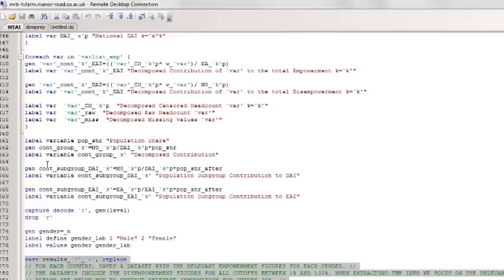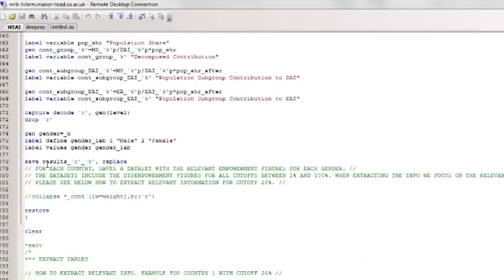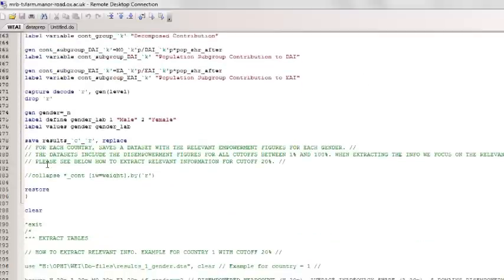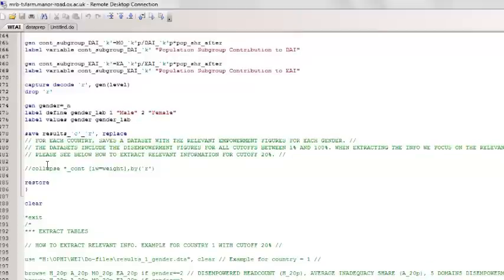From here, when we have this data set, we need to extract the relevant information. So we need to extract the information to build the tables. And that's on these next lines. So browse H20P, A20P, M020P, EA20P if gender equals 2.